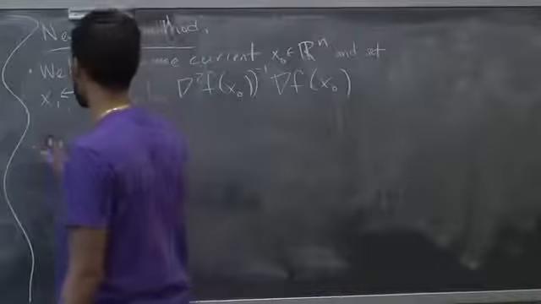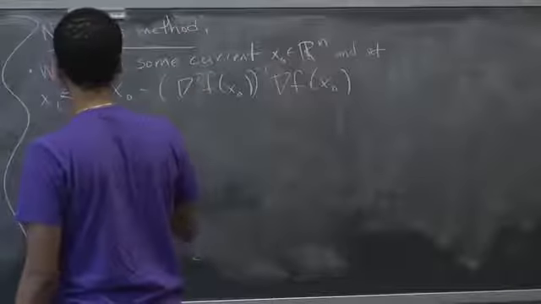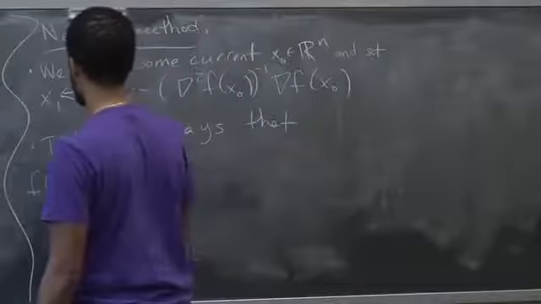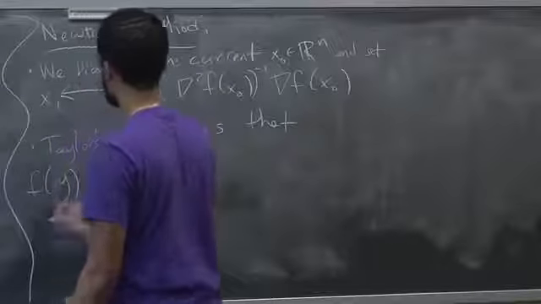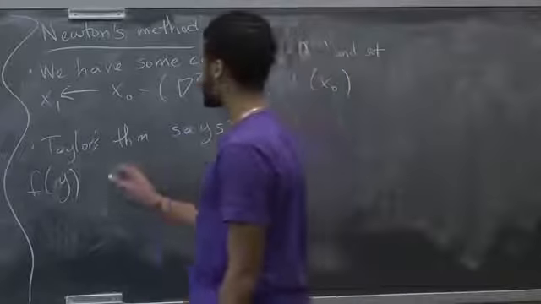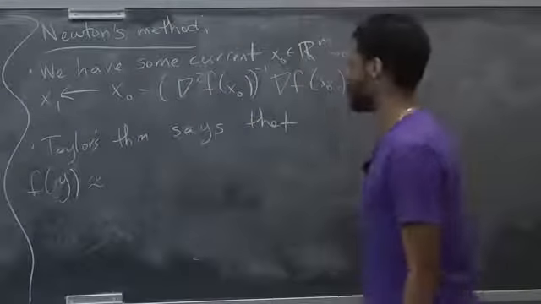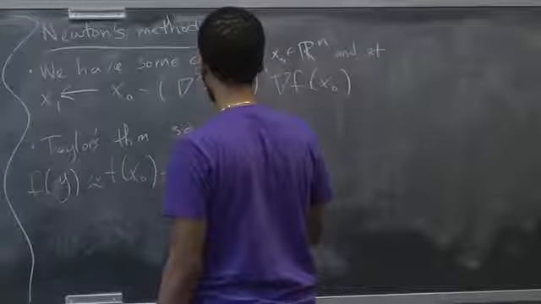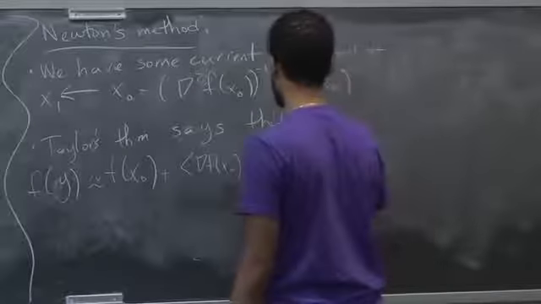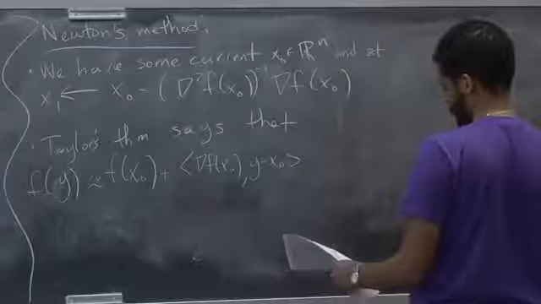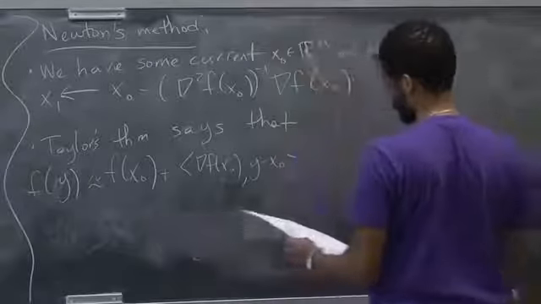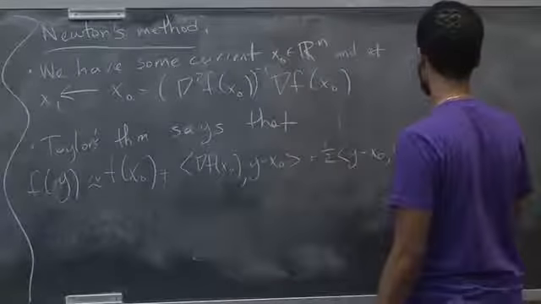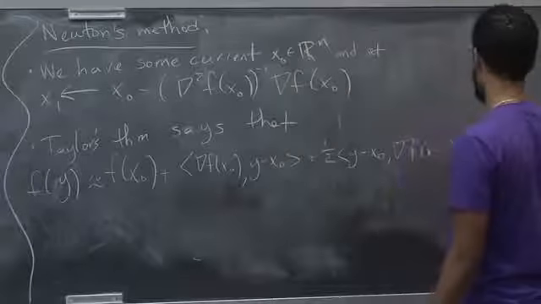So Taylor's theorem says that, if you look at f of x1, well, let's say f of y, approximately up to some error that comes out of Taylor's theorem, this is equal to f of x0 plus the gradient of f at x0 dotted with y minus x0 plus 1/2 y minus x0 dotted with the Hessian of y minus x0.